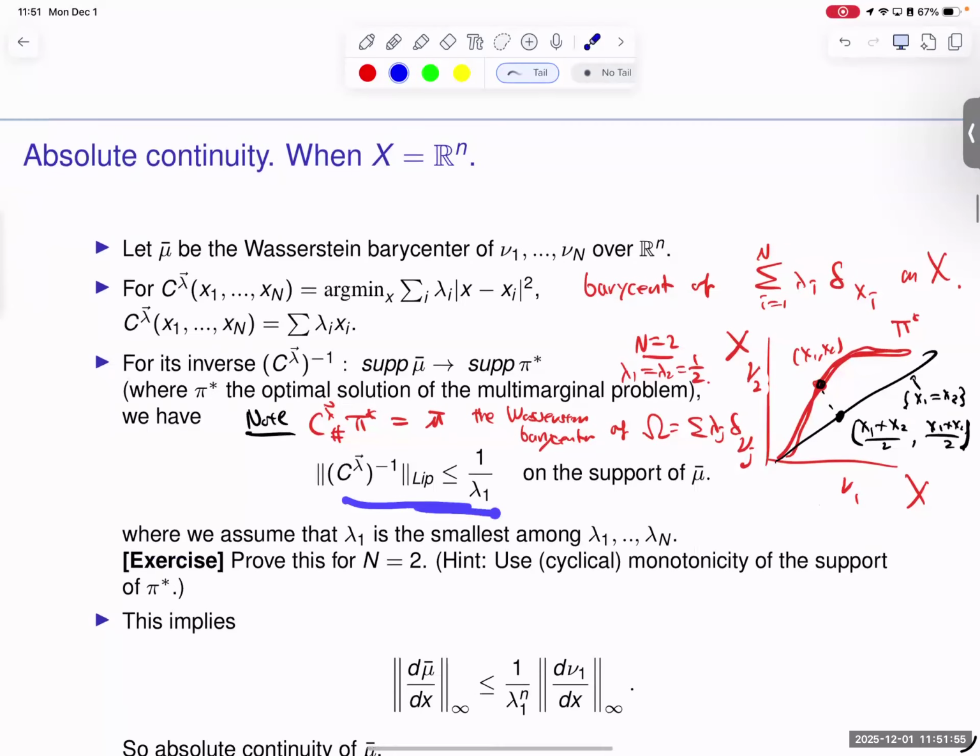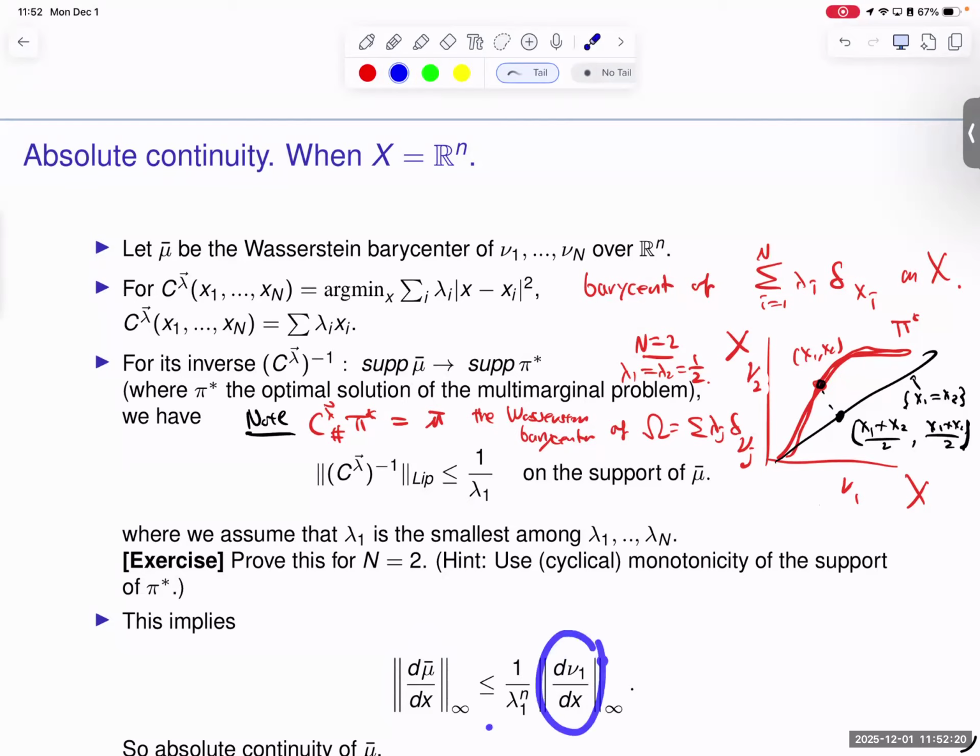And then because of that Lipschitz bound, by the same principle regarding how Lipschitz maps change the density of a measure, you can get that the density of the Wasserstein barycenter is bounded by the density of, for example, one of these marginals, in particular nu1.